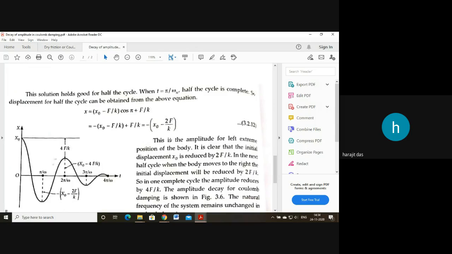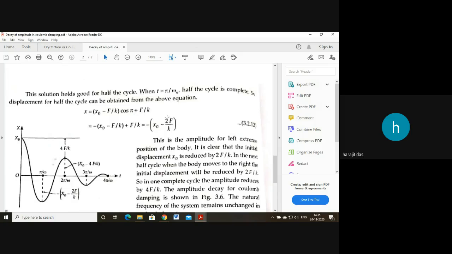Okay, so what it suggests is that earlier, initially, from the x equals 0 line, x naught was the amplitude. From here to here, it was the amplitude. Now, for this damped oscillation, as this is the equation of motion, in half cycle the amplitude is reduced by 2f upon k.